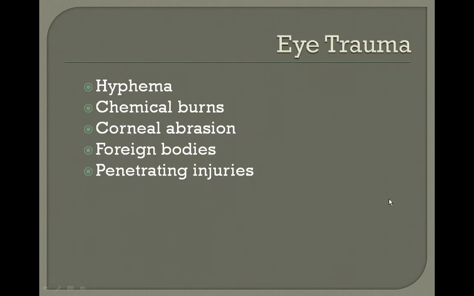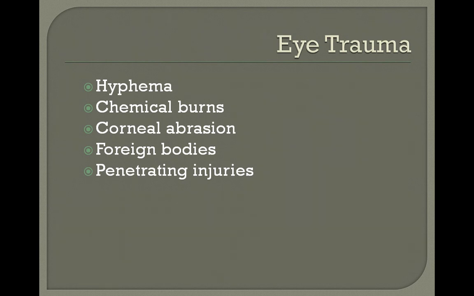Okay. So with different types of eye trauma, you see here, a person can have a hyphema. And so a hyphema is when a person has bleeding into the anterior chamber of the eye. It could be the result of a blunt eye trauma.